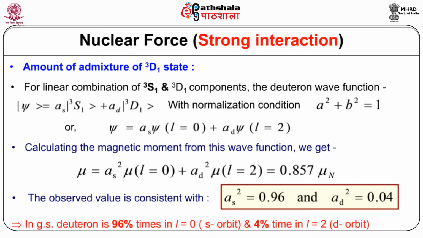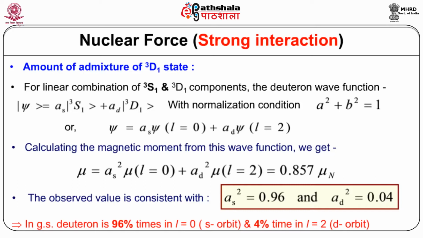as and ad are the amounts of the s component and the d component, or psi is equal to as psi(L=0) plus ad psi(L=2).